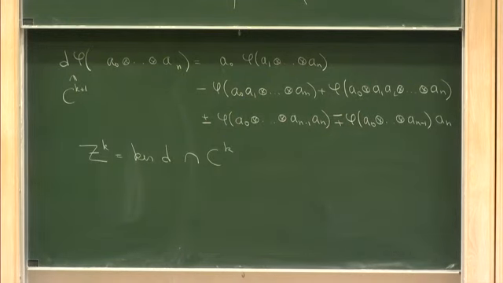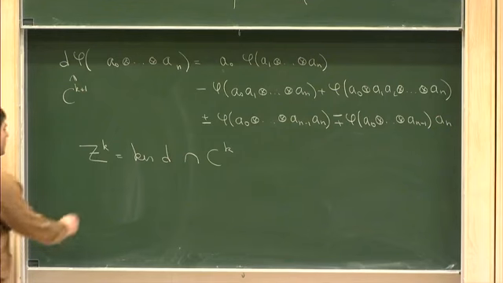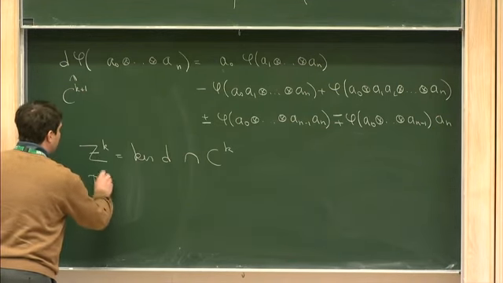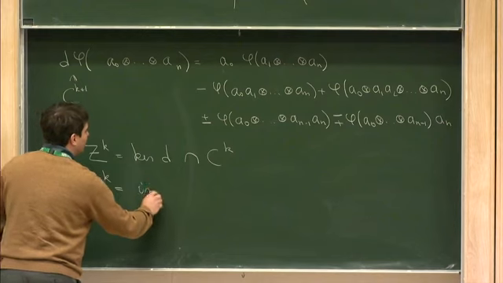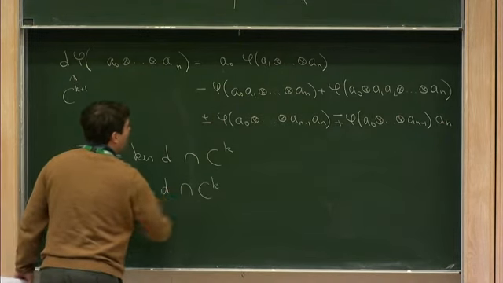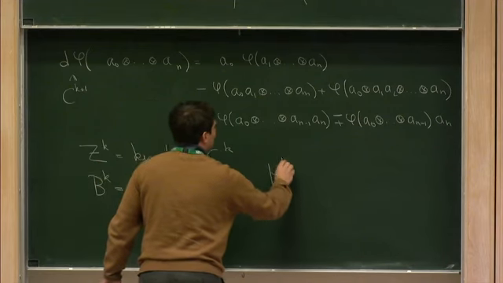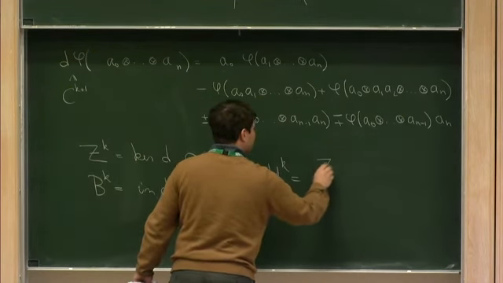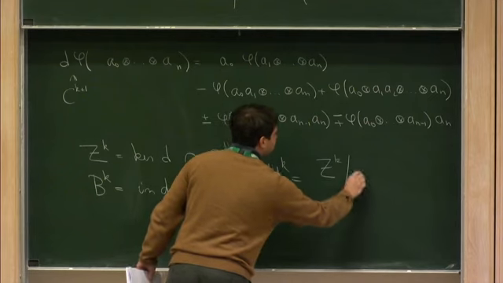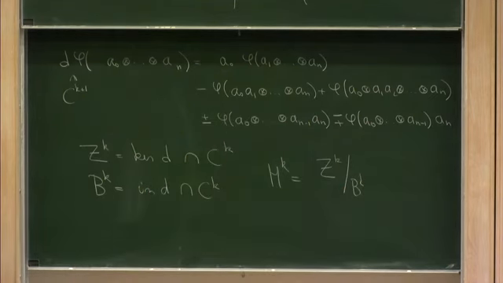These are called cocycles. This is the space of closed cocycles. And B^k, the coboundaries, is the image of d, and then the cohomology is Z^k mod B^k. Right? So this is a very classical object.